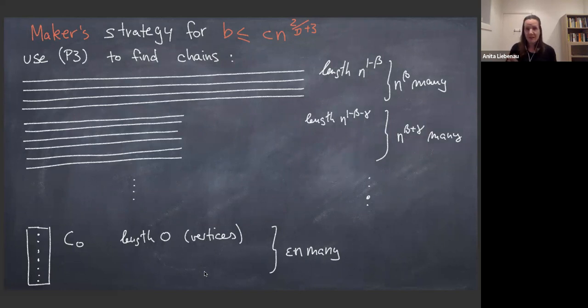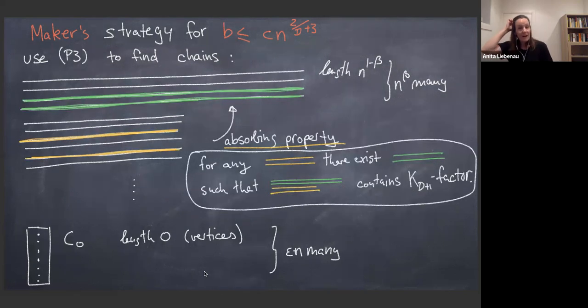But what's special is that these batches of chains are connected through an upward absorbing property. I'm not telling you how you find these chains, but you have the property that if I'm in a certain level and I take any subset of chains, so these are the yellow chains here, then for these ones I can find green chains in the layer above so that the union contains a K_r factor.